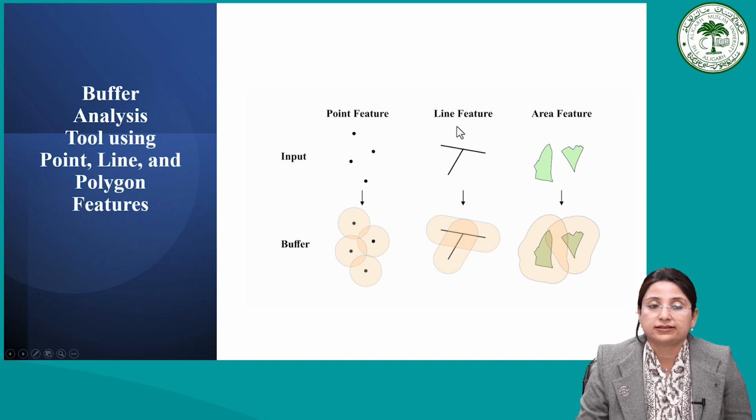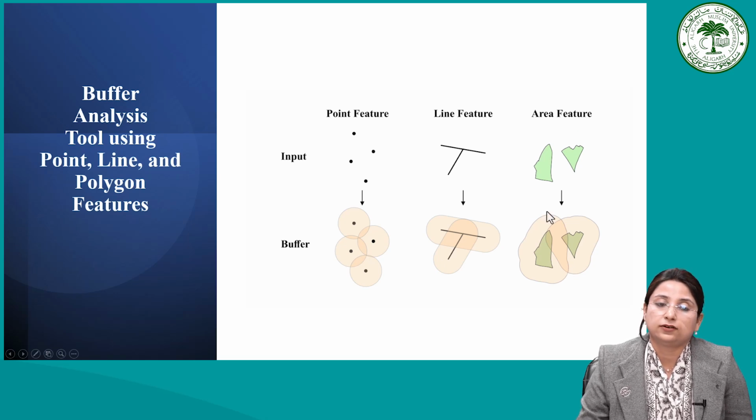Again, you can see here the line feature. A small portion of the spatial units is overlapping, so we can dissolve this and form a single outer boundary buffer for this type of line feature.